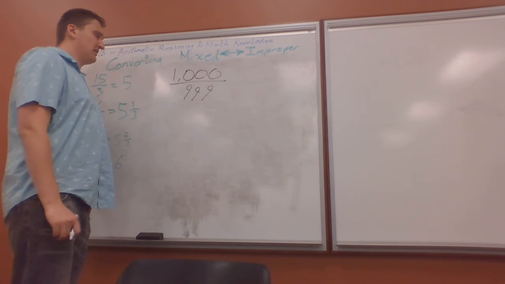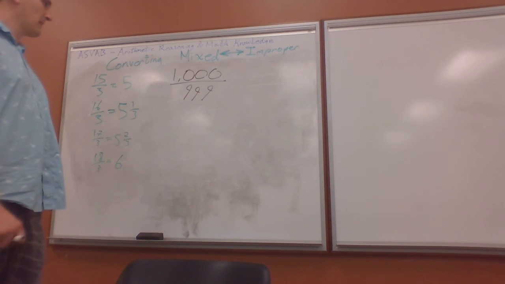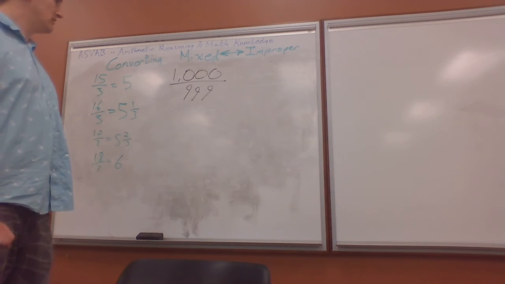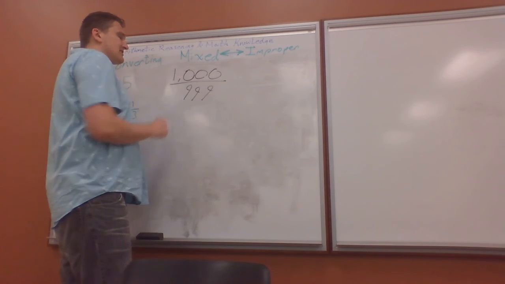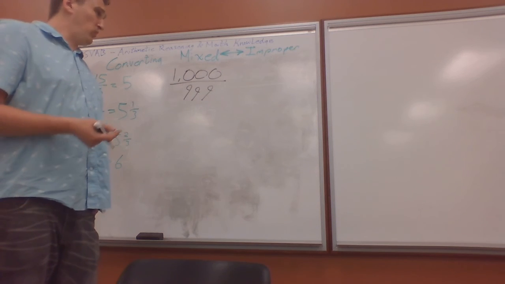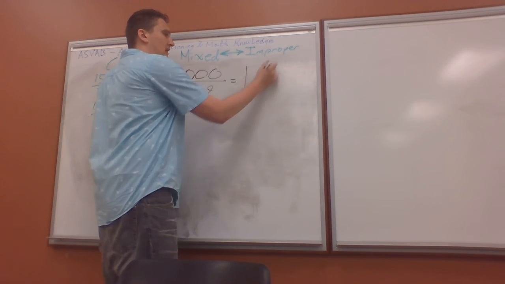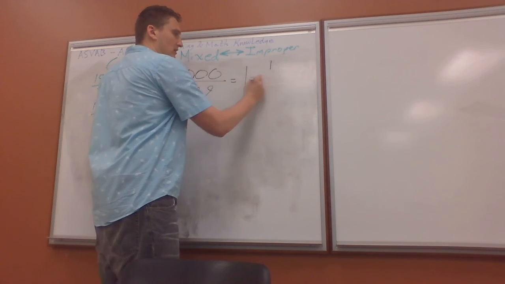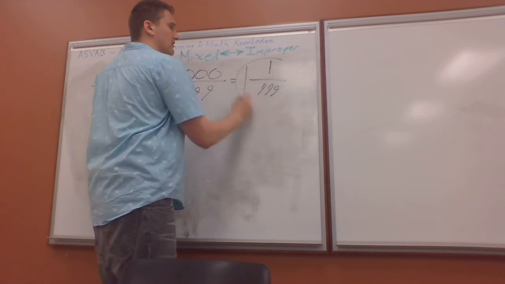I'm going to let you pause it for a second and see if you can solve it. Okay. 999 goes into 1,000 one time with just one left over, really. So it goes in one time with one left over. That's my answer.